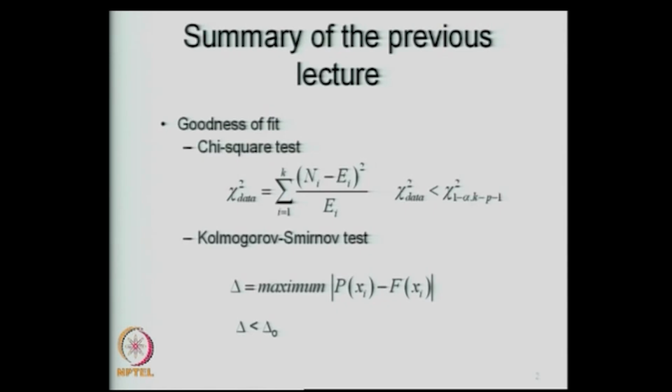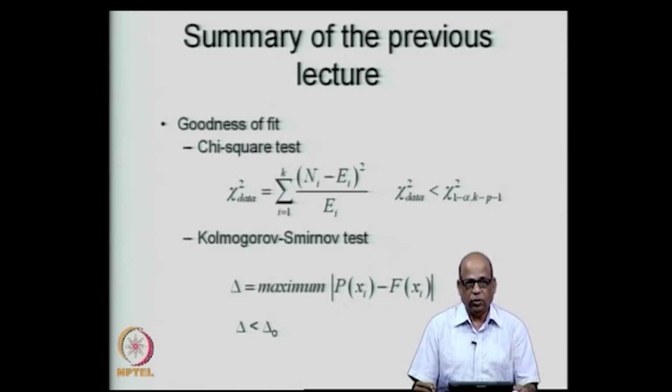So, if we summarize what we did in the previous lecture, we focused mainly on the chi-square and the Kolmogorov-Smirnov test. As I mentioned, these tests base their conclusions on how well the observed relative frequency matches with the expected relative frequency.